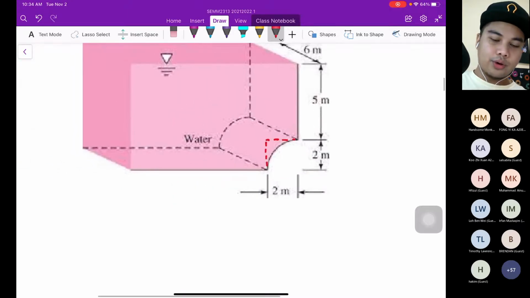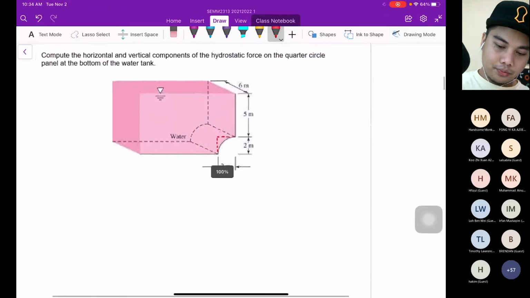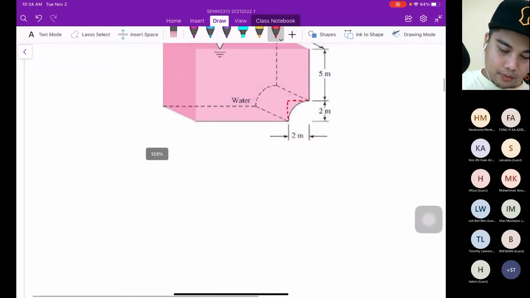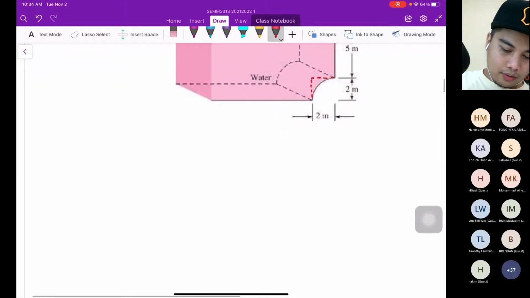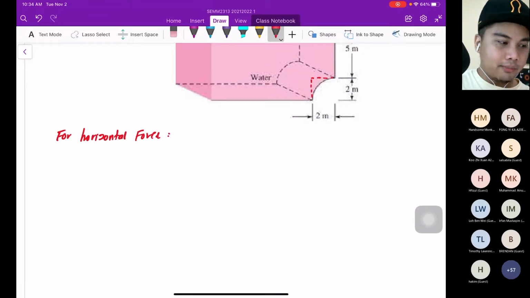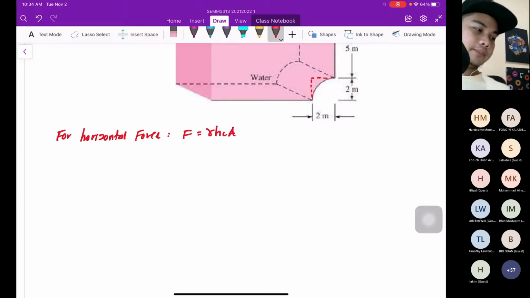So, to find the horizontal force, which is, as I explained before, F equal to gamma HC multiplied with the area.